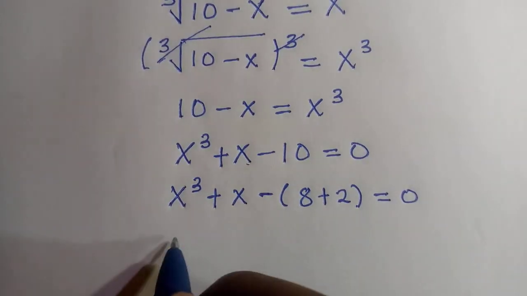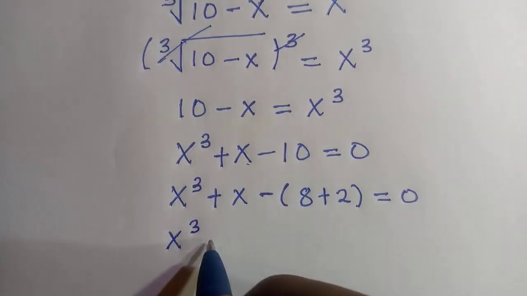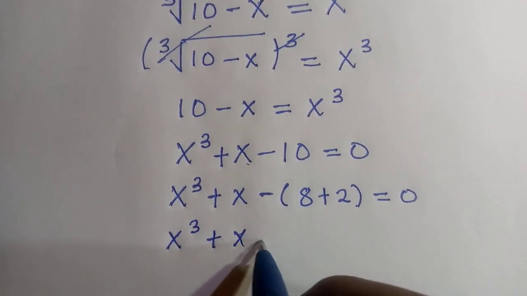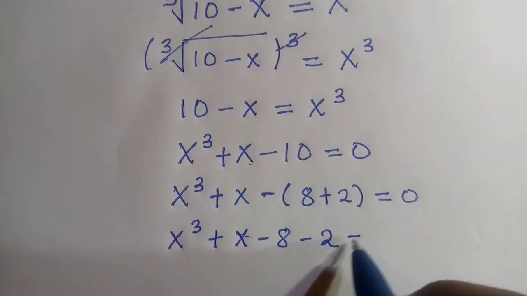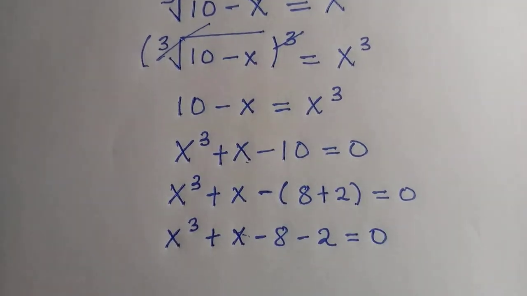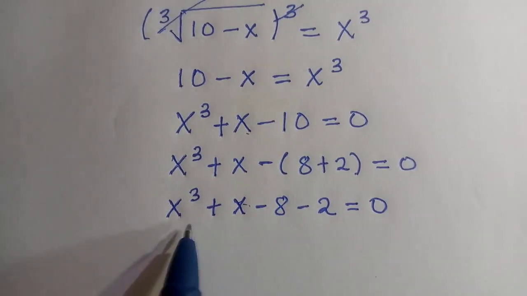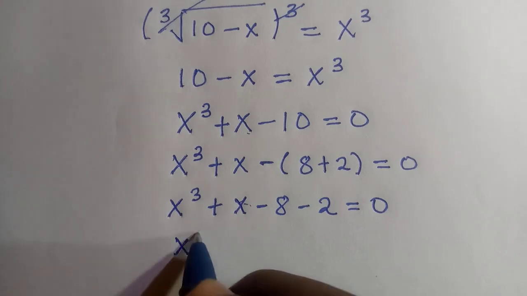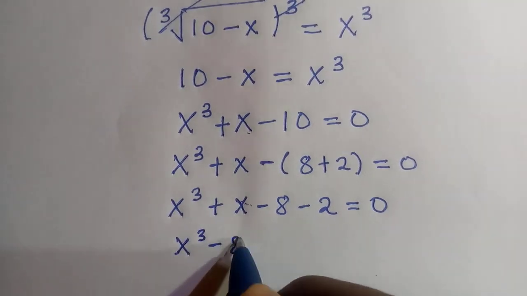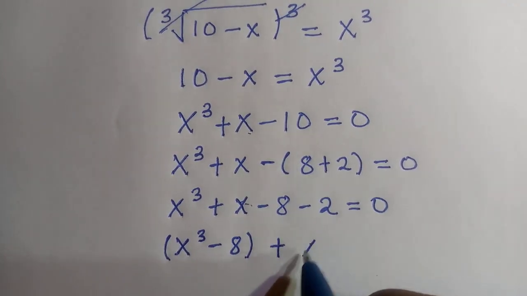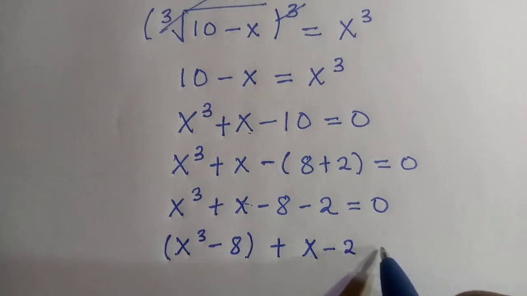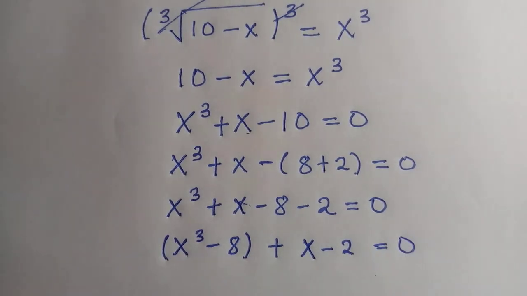Then we open the parentheses. We have x raised to power 3 plus x minus 8 minus 2 equals 0. So we group this, and we have x to the power 3 minus 8 in bracket plus x minus 2 equals 0.